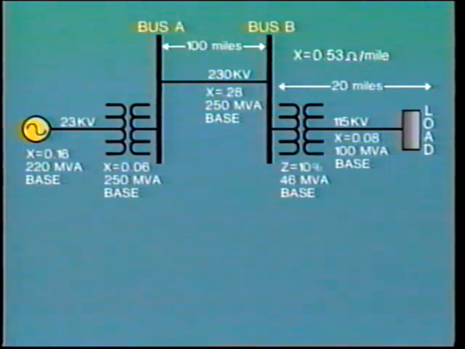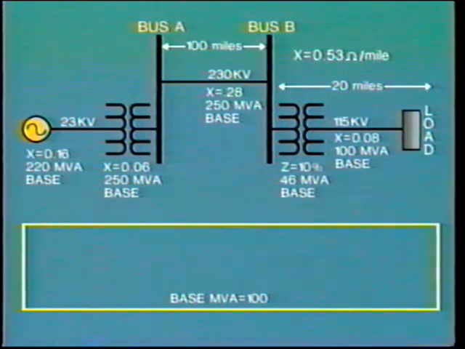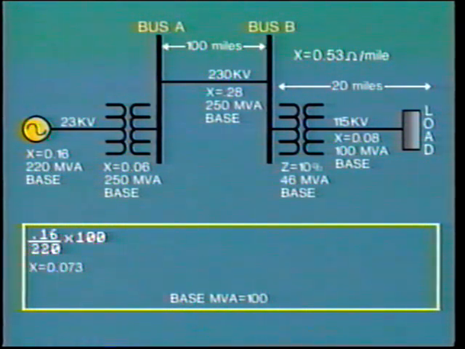So we must first convert all of these impedances to the same base MVA, and we will arbitrarily select 100 MVA as the base. In order to convert the generator impedance value to 100 MVA, we simply divide 0.16 by 220 and multiply by 100. This comes out to an impedance of 7.3% on a base of 100 MVA.